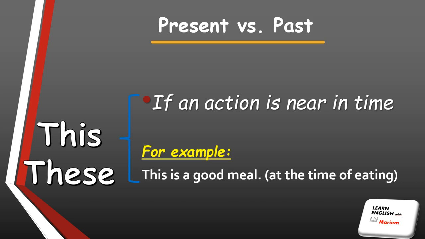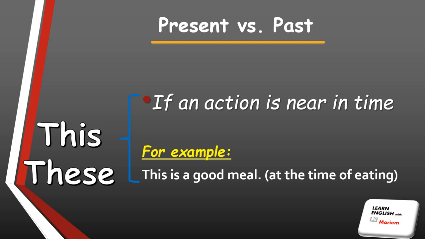بالأزمنة باللغة الإنجليزية ممكن نستخدم أدوات الإشارة لما نتكلم على أشياء بالمضارع أو الماضي. So, we use this or these if an action is near in time. نستخدم this أو these لما الفعل يكون بالوقت الحاضر.